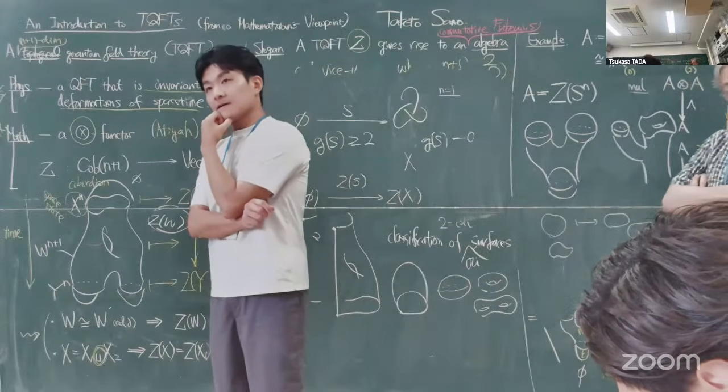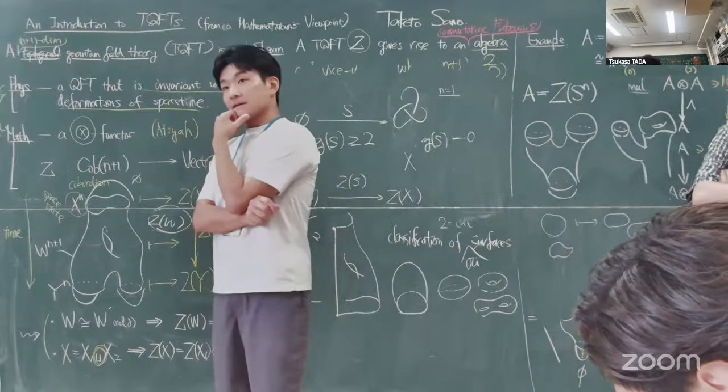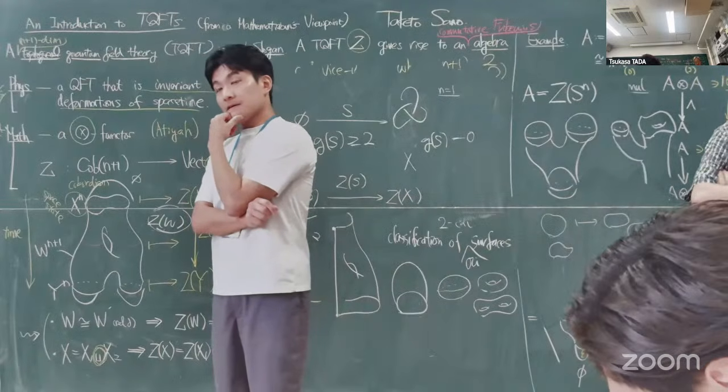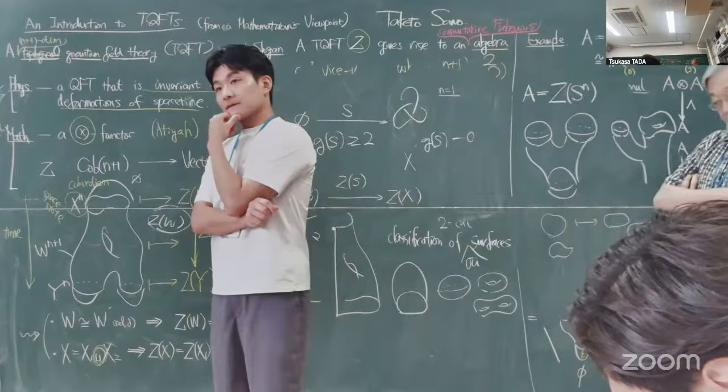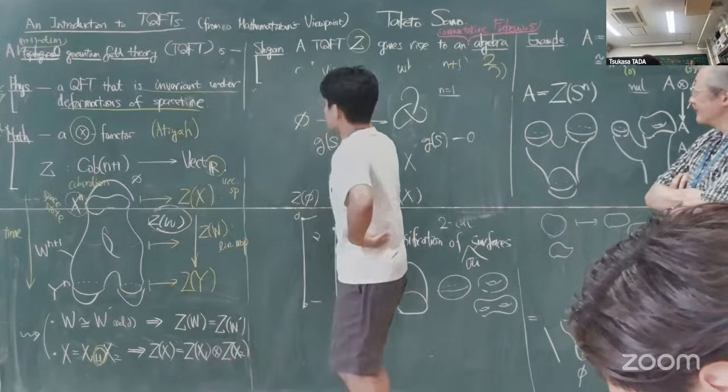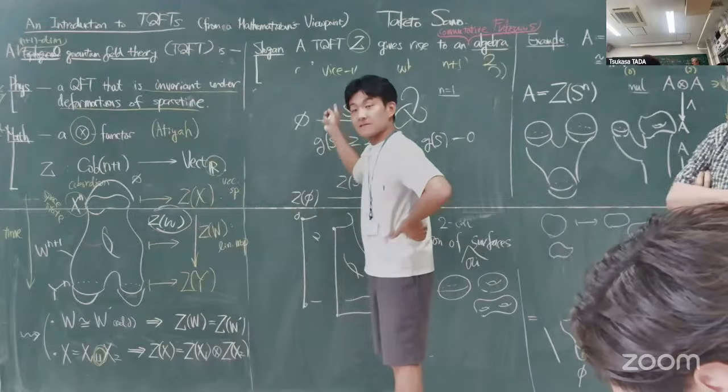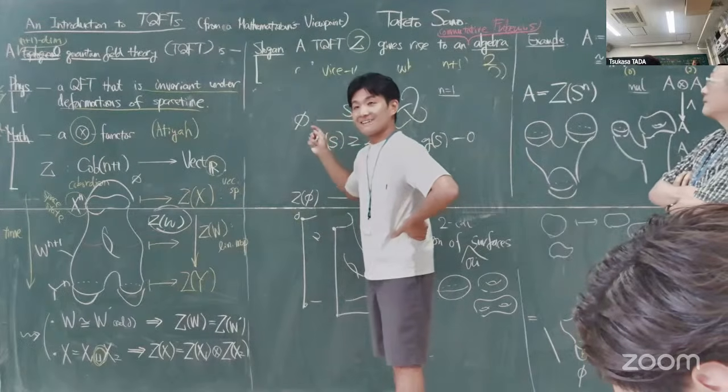My question was, even if we include that extra dependence, for example the partition function depending on some information, is the algebra the same? I don't think so. It's going to be something more complicated.